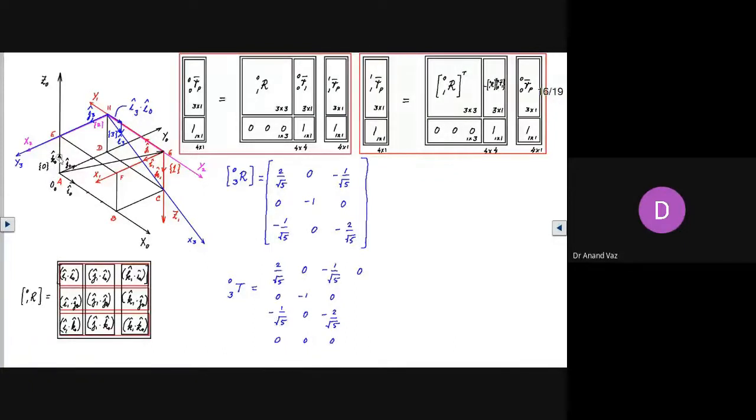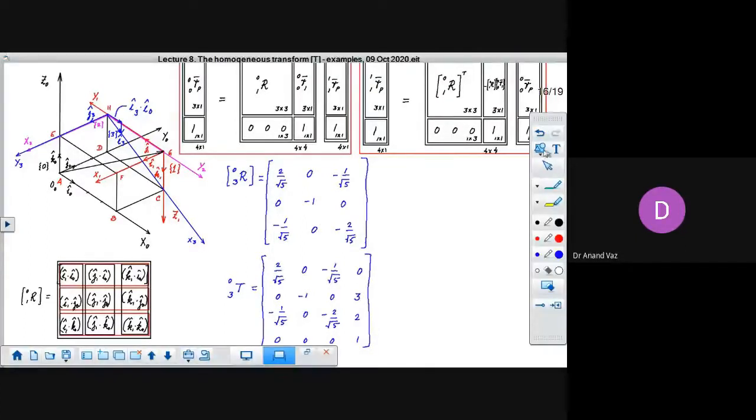It's 3 units along the y direction and 2 units along the z direction, and this is 1. So we have constructed the T matrix. So this is our T matrix, and you can see for yourself that it's very easy.